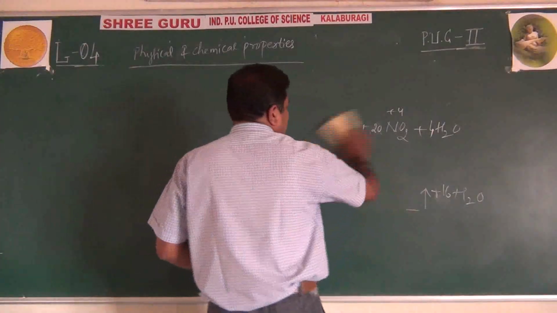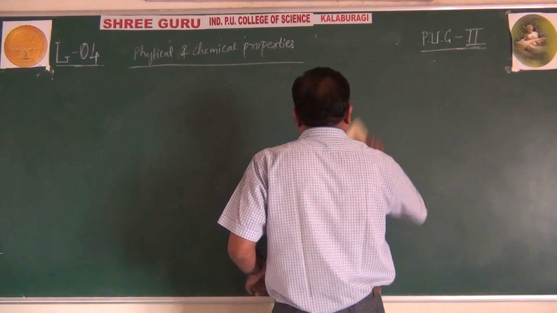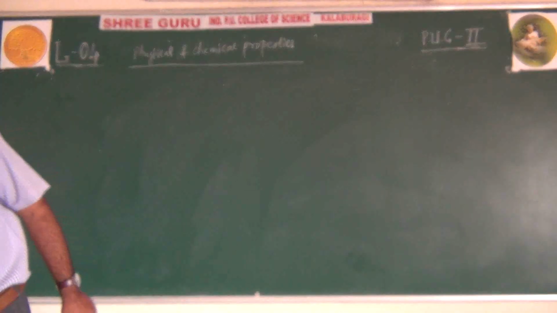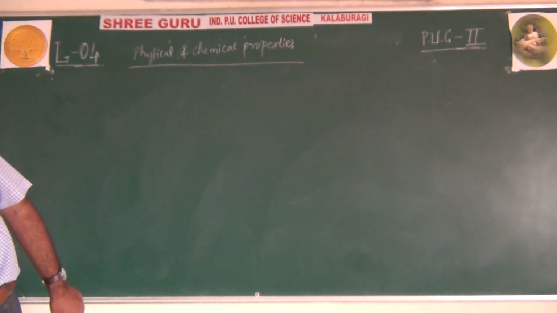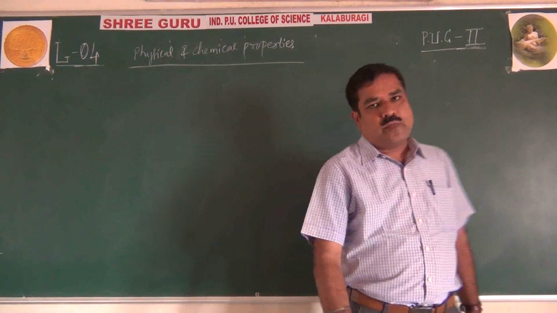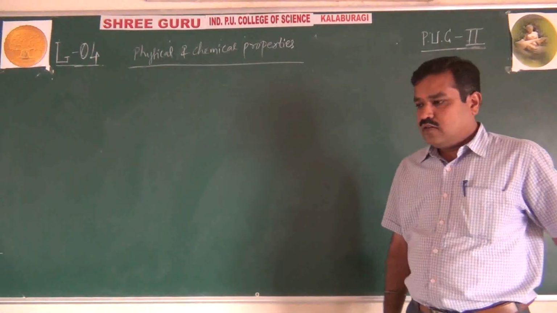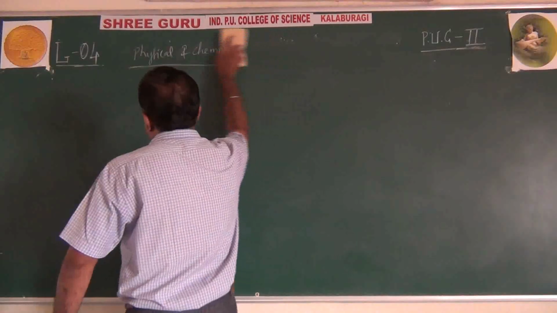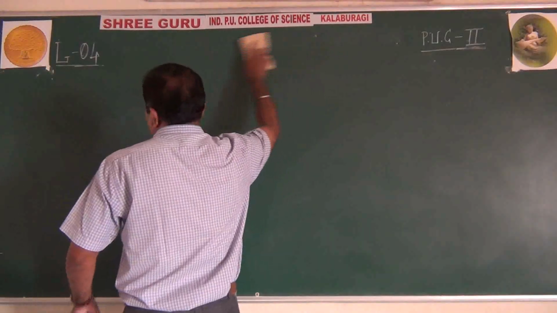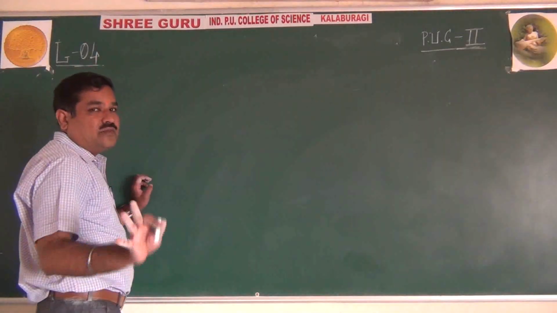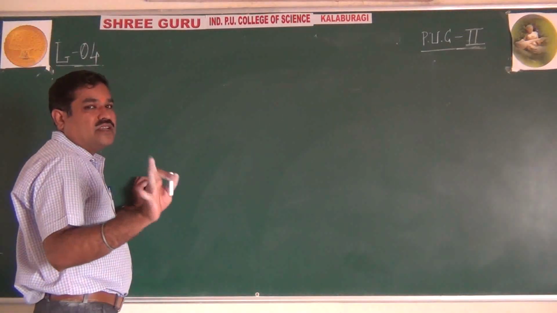White phosphorus, red phosphorus, allotropic forms, phosphine, phosphorus trichloride, phosphorus pentachloride have been deleted for theory purpose. That you have to read for NEET purpose.